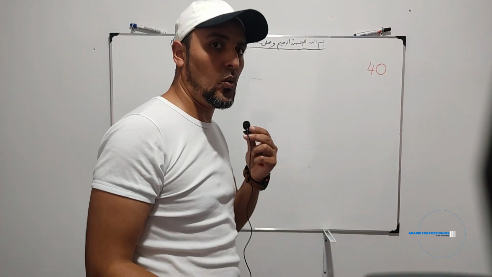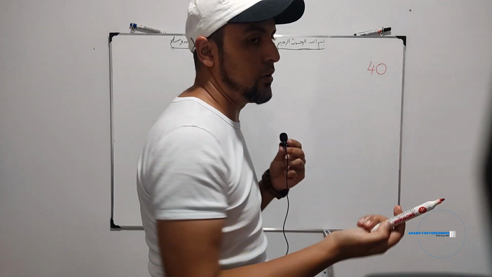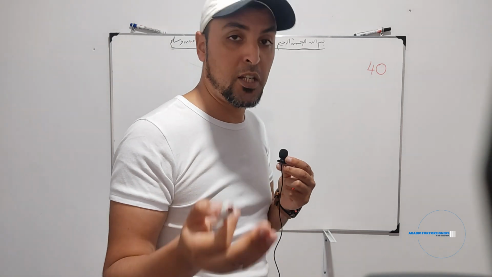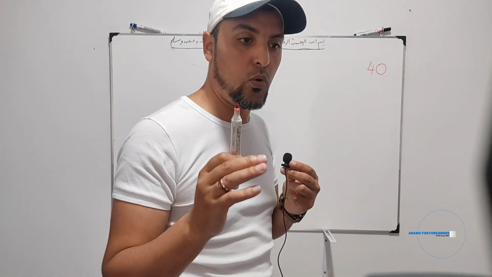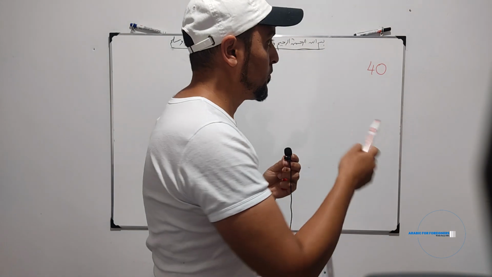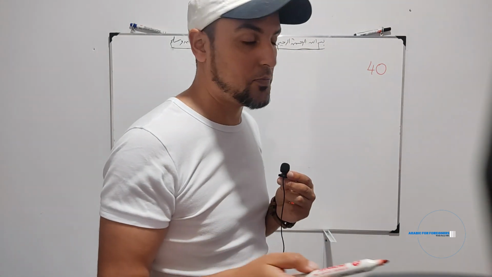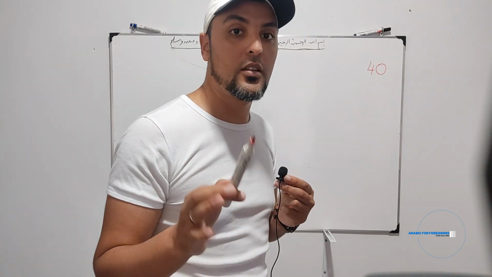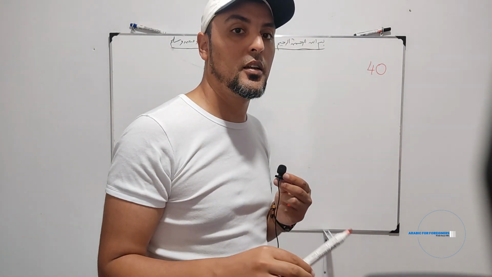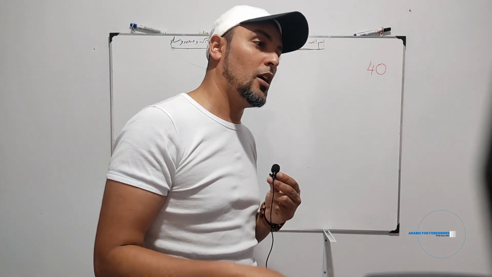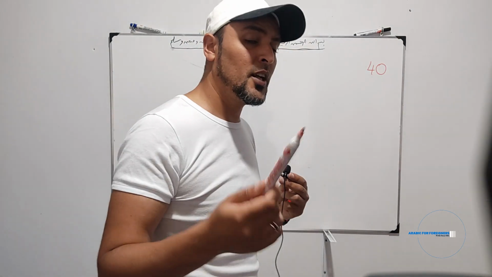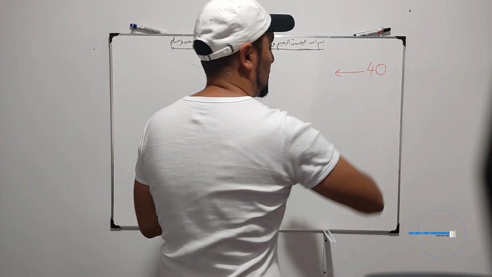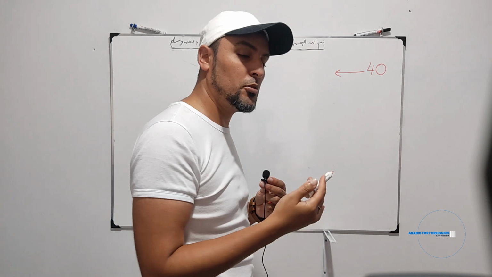So, as you know, all of you, the number, but each nation, each foreigner, everyone who is not Arabic, you know this number in their own language. 40 in English, 40 in German, and 40 in French, and so on. But in Arabic, you have to know how to pronounce this.